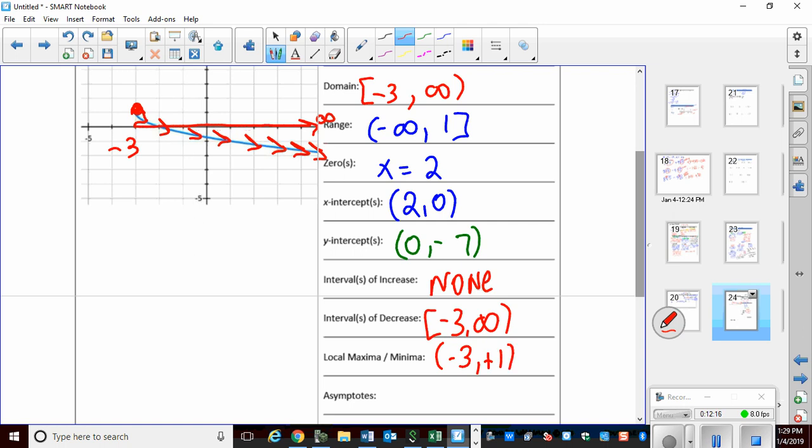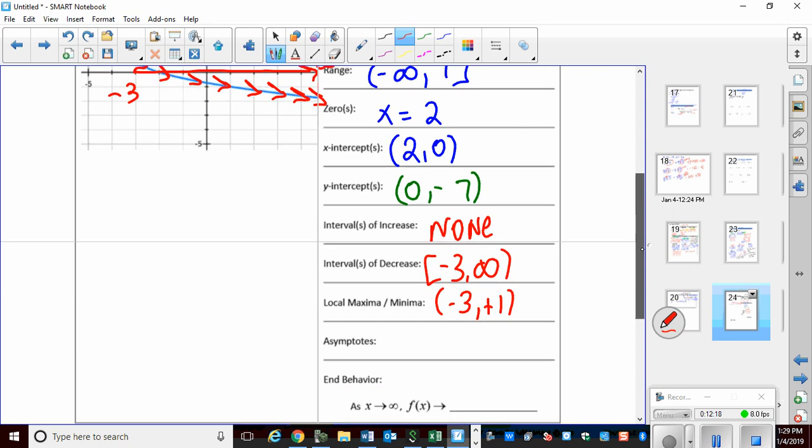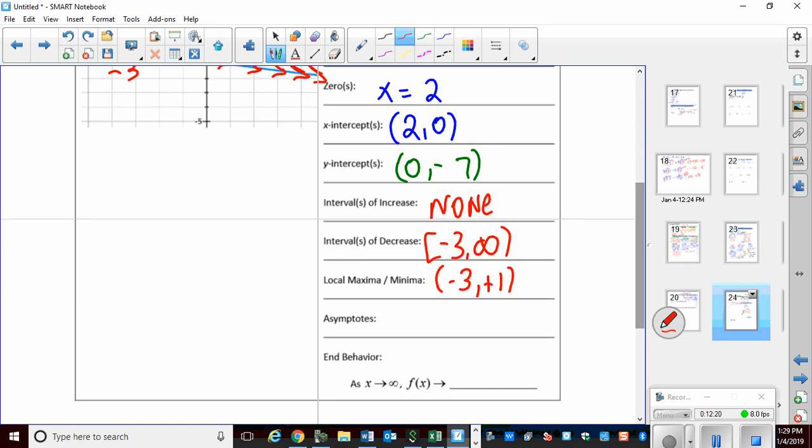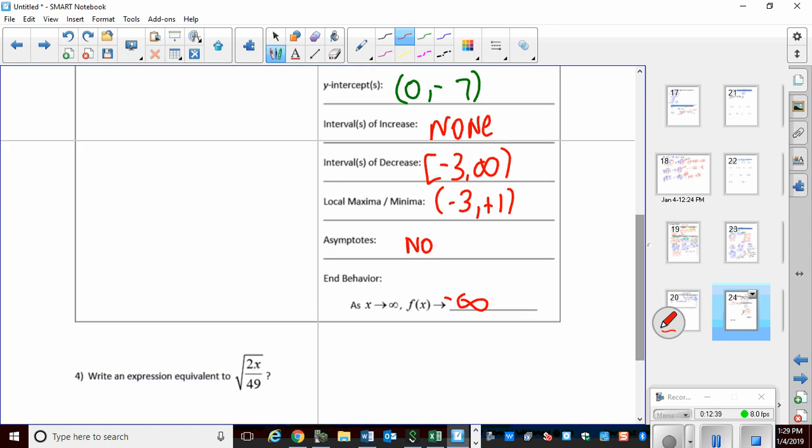Typically we're referring to turning points when we speak of these maximums, but this is acceptable. Are there asymptotes? No. In behavior, as x goes towards the right, as x goes in a positive direction or positive infinity, the y values decrease. They go towards negative infinity. As x goes to the left, y goes to 1.